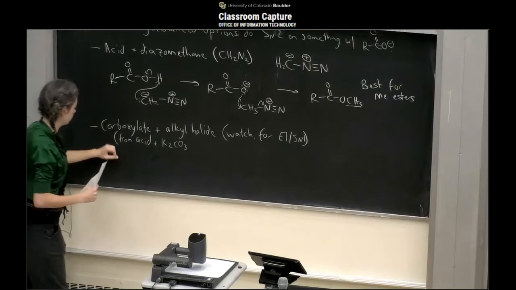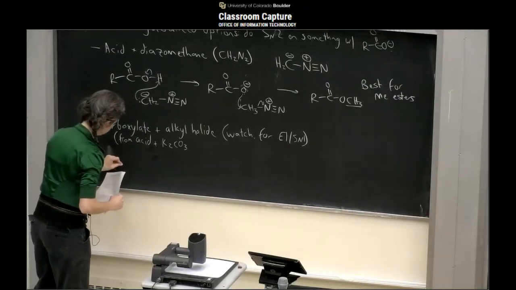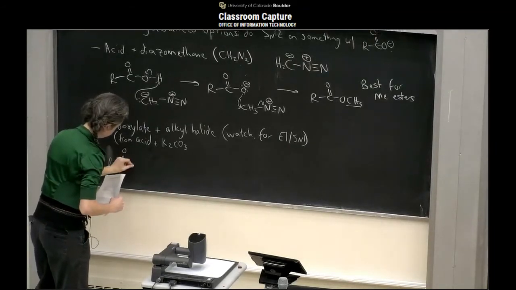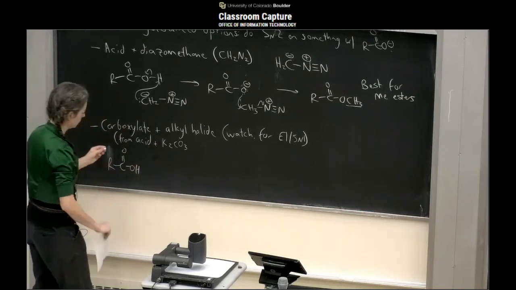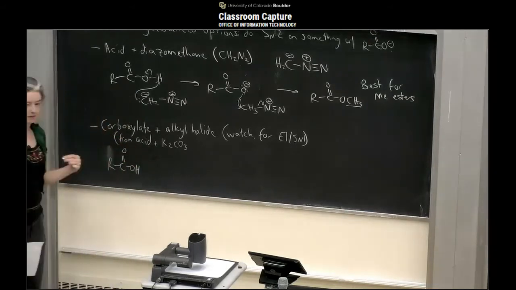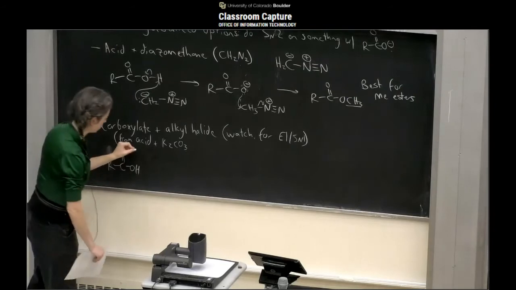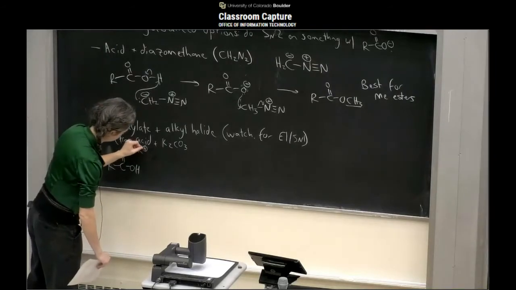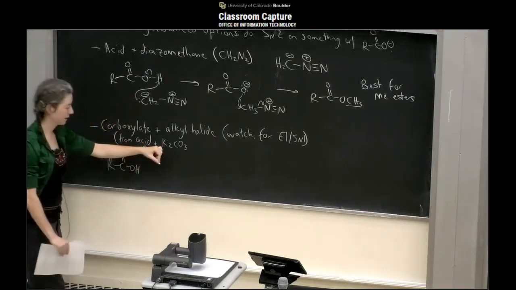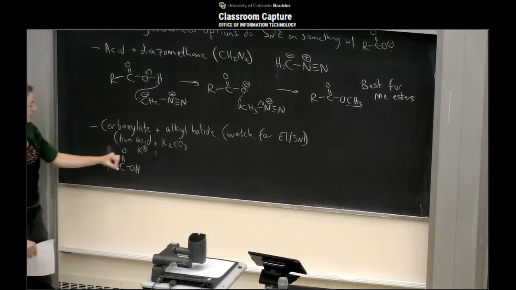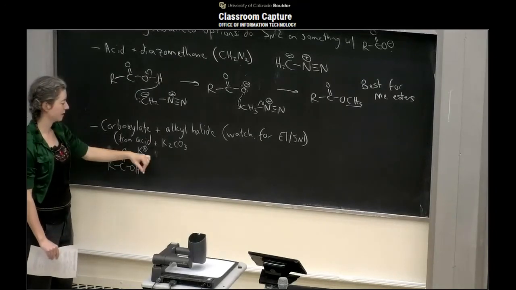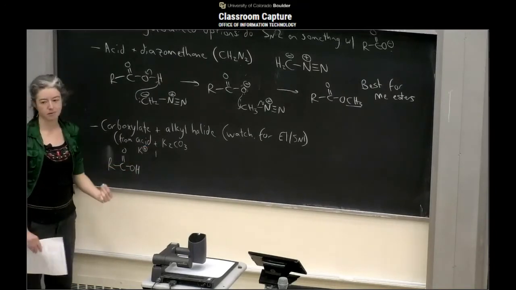That might look like you start with the carboxylic acid, and it gets deprotonated by the K2CO3, which we can show as 2 copies of K plus and a CO3 with a -2 charge.